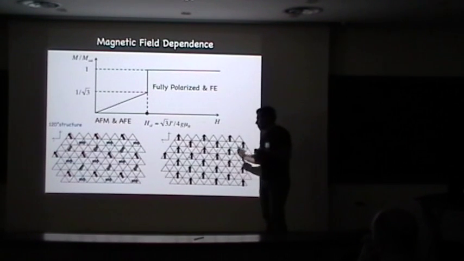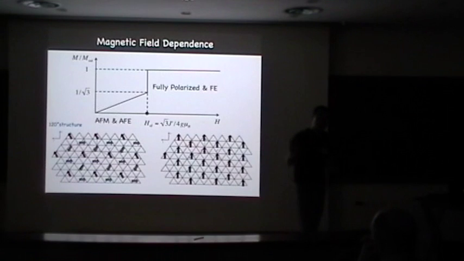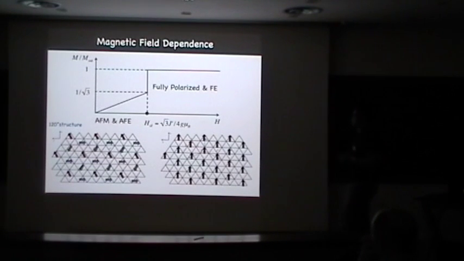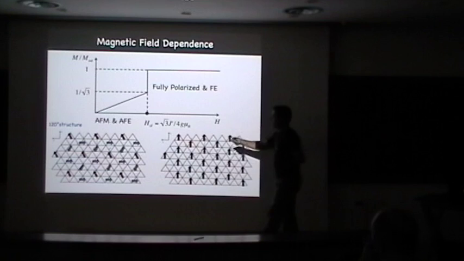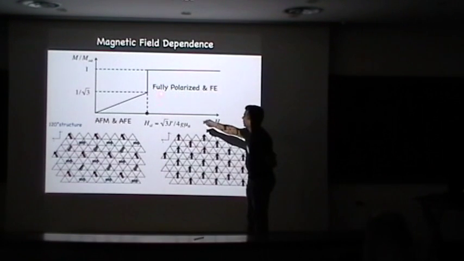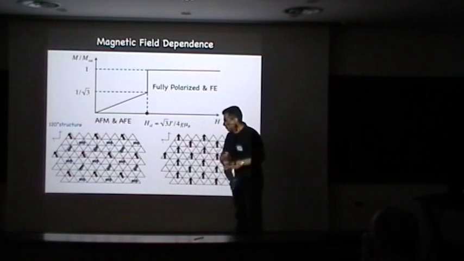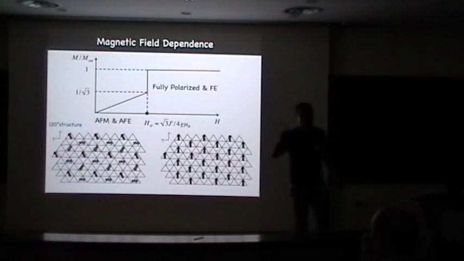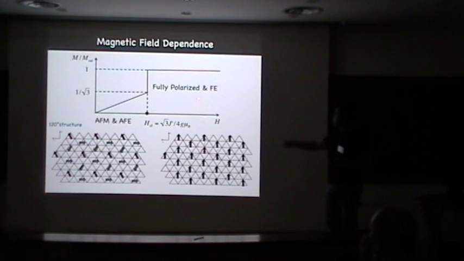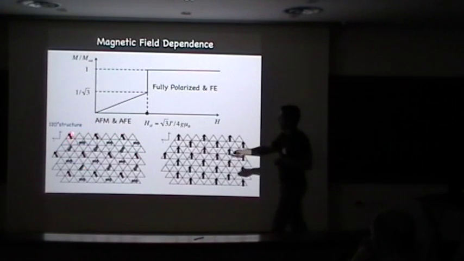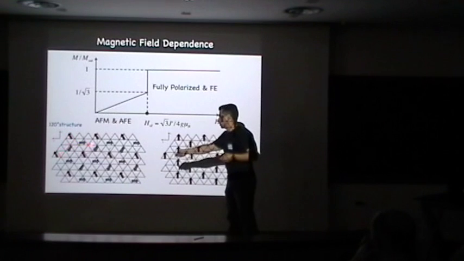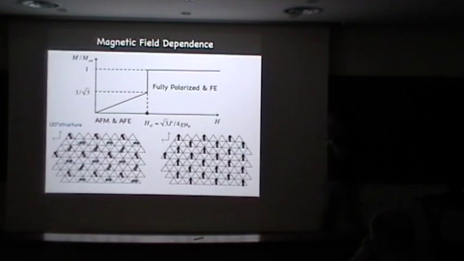Since the interaction between the moments is also modified by the orbitals, what you get is that the spins flop from the fully polarized configuration to a configuration in which they form this canted 120-degree structure. But simultaneously, you have a discontinuous transition from a ferroelectric to this 120-degree structure, where you have electric dipole moments pointing around these three different directions in the three-site unit cell lattices.